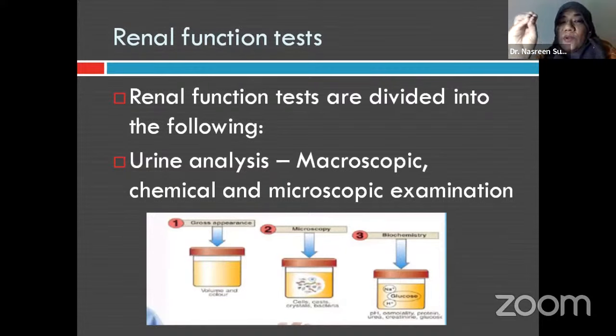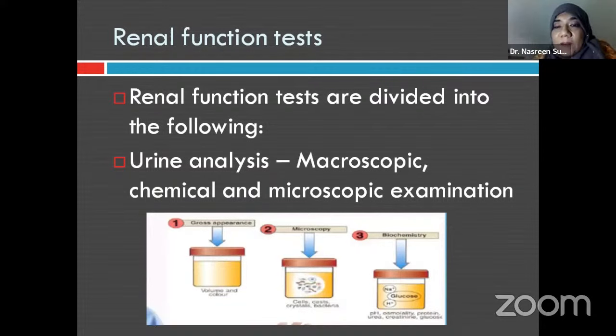First they will do macroscopic analysis. Macroscopic means by seeing: when you see the CUE, first you get the color, viscosity and volume, meaning what changes you are seeing in the urine. That comes under macroscopic analysis. Then comes chemical analysis: whether protein, eosinophils, WBC, blood, hemoglobin were there in the urine.